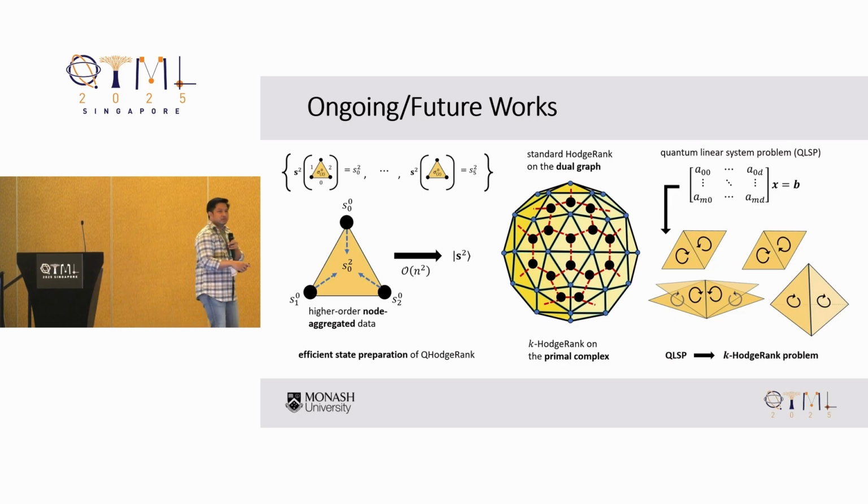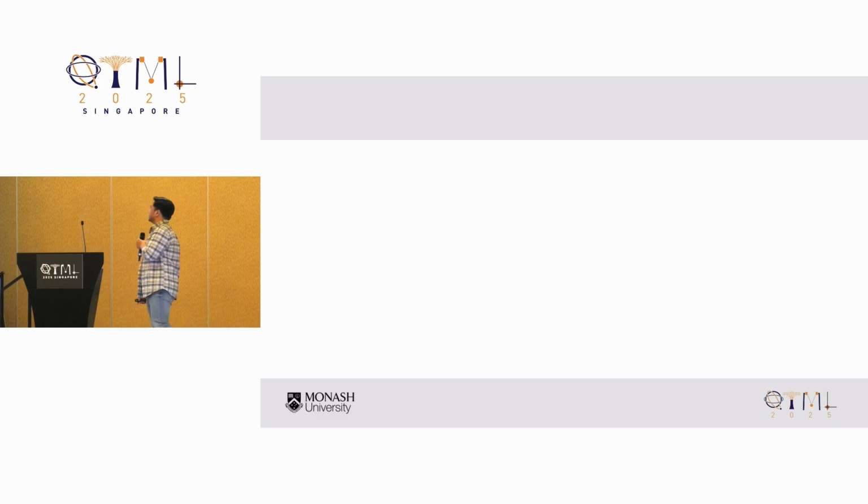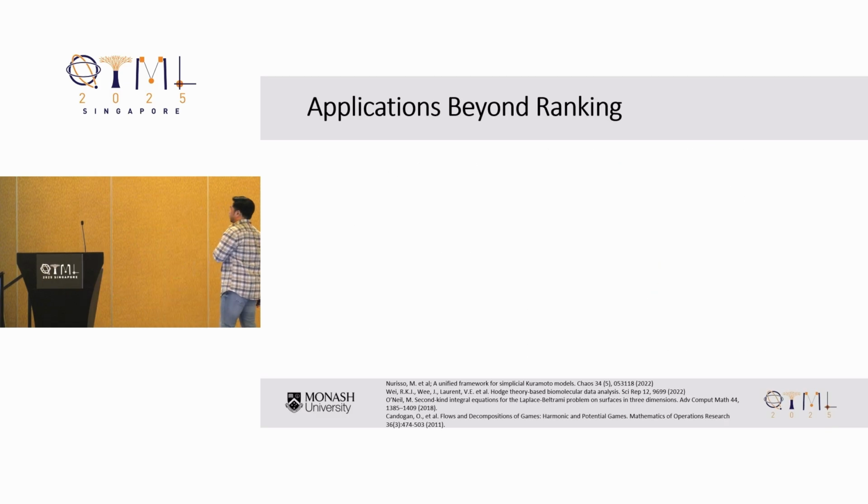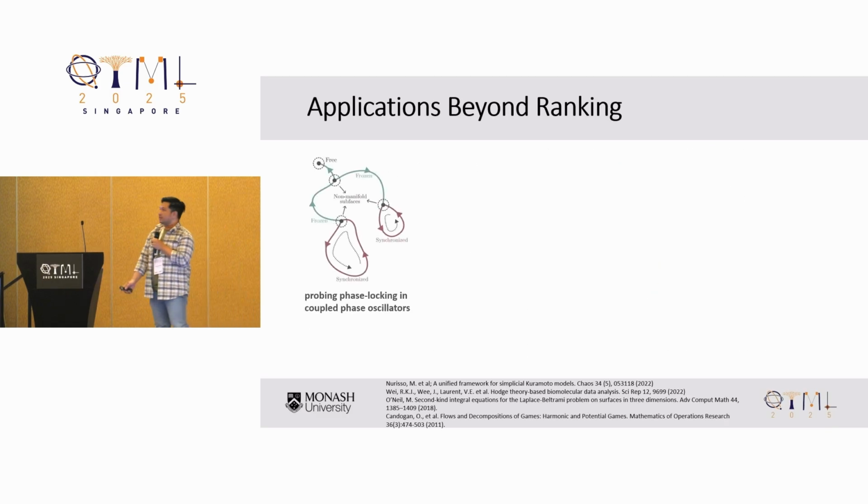So this will reduce QLSP to the quantum K-HodgeRank problem. And as you know, QLSP is BQP-complete, and we are hoping that it will give us complexity theoretic justification for the K-HodgeRank problem.